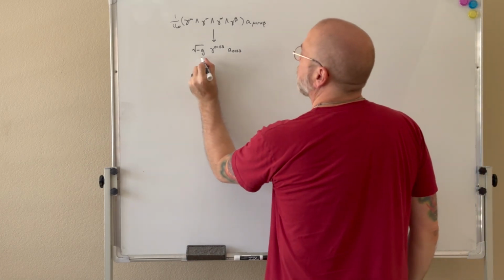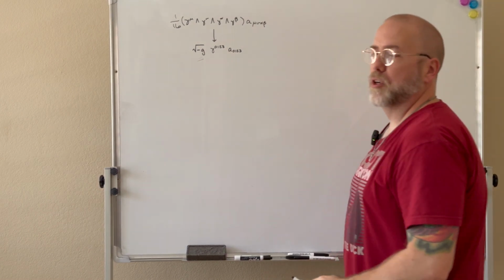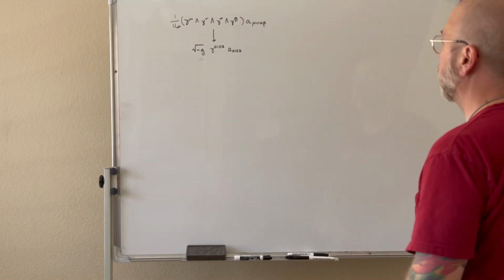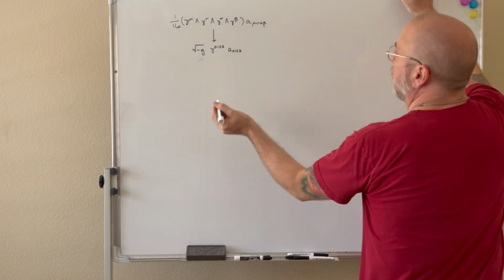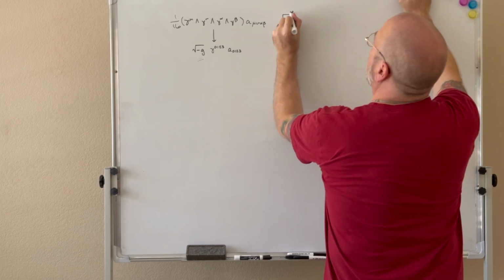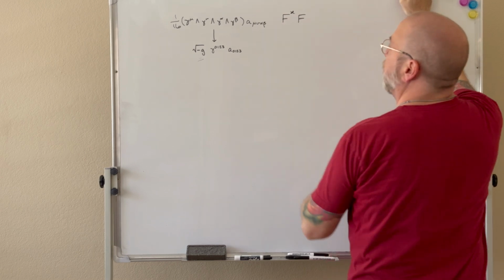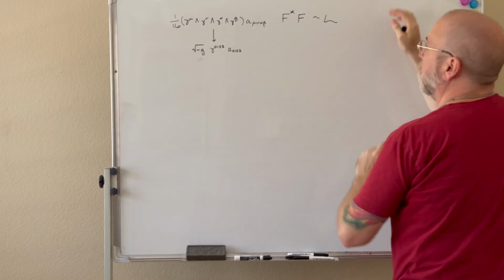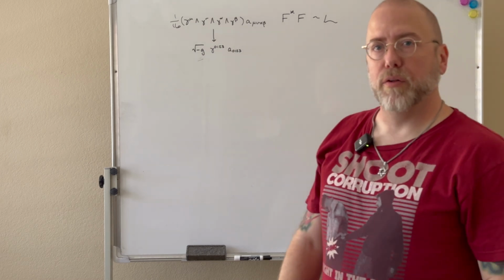Key element here is that you get the determinant of the space-time metric in that part. So in the prior example, I'm dealing with F star F, which is the Lagrangian of the electromagnetic field.